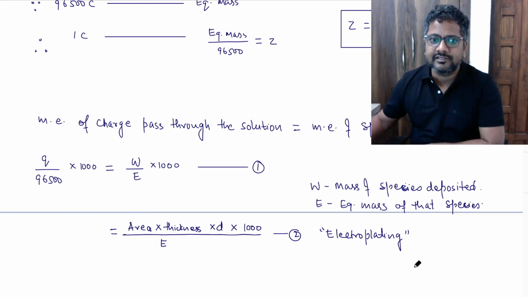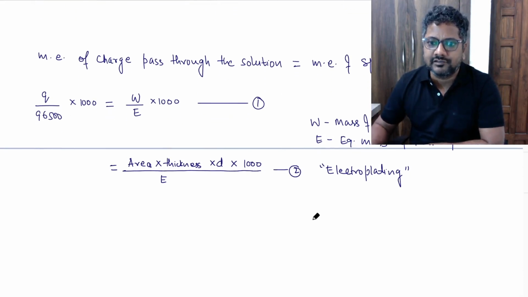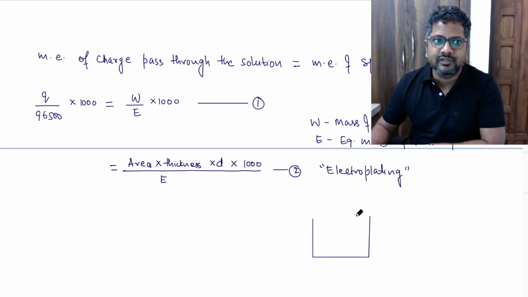First, let me develop a little concept here for electroplating. Suppose that we want to plate gold over silver. Suppose you have a silver spoon and you want to plate it with gold.